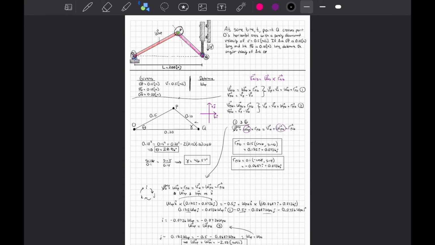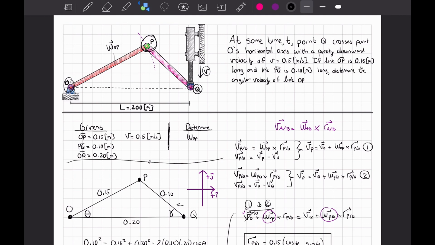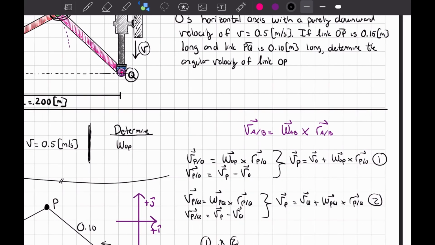And so yeah, that's it for this question. Let's just do a brief summary of what we accomplished, and then we'll be on our way. So again, this was a relative velocity problem for the plane motion of a rigid body, and we were analyzing the kinematics. Because we have this relative velocity idea where if it's rotating and we have this circular motion, we can have this purple equation here.